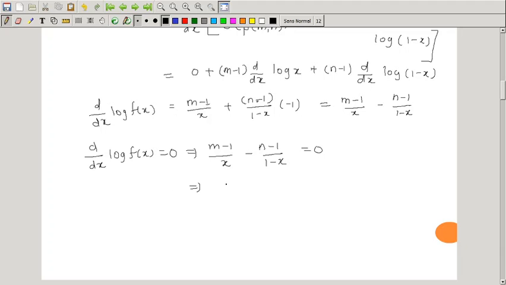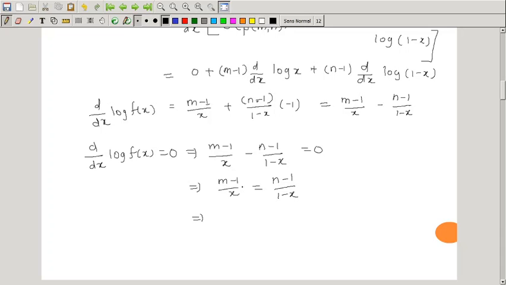So m minus 1 upon x, and this negative term goes to the right side, which is equal to the positive term n minus 1 upon 1 minus x.